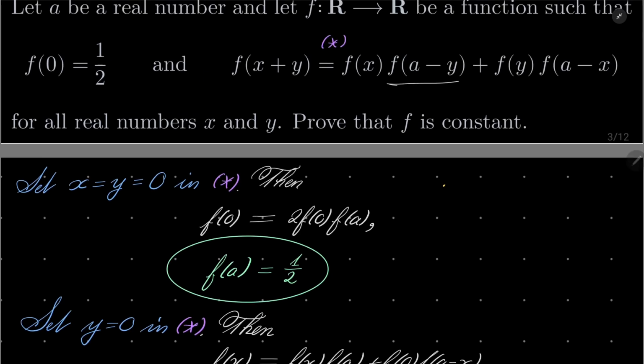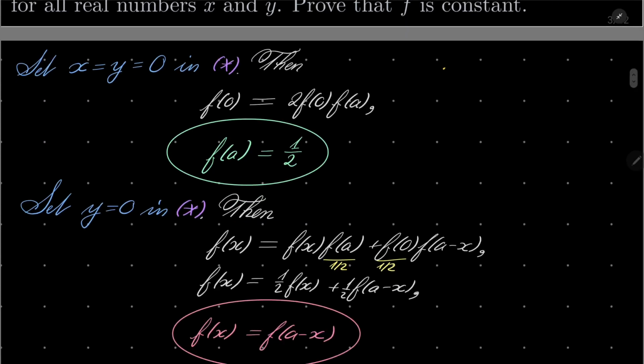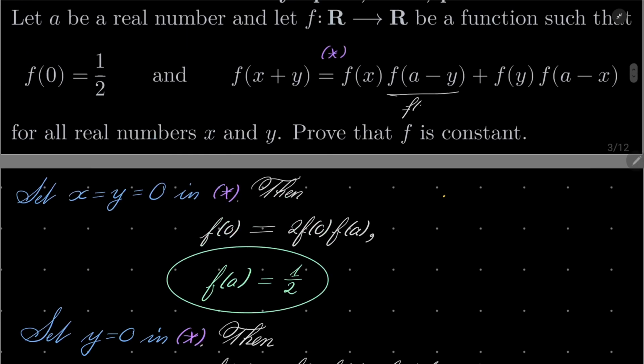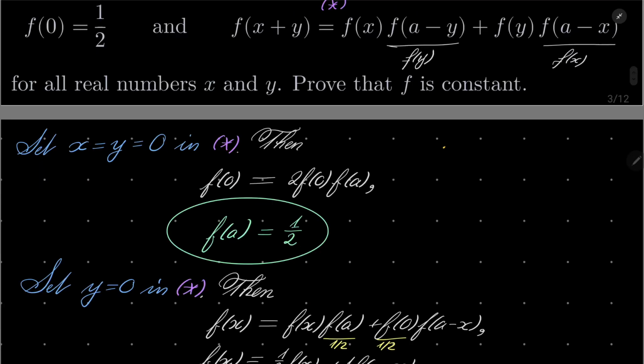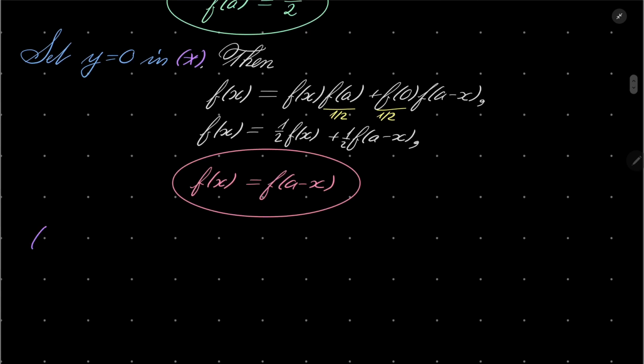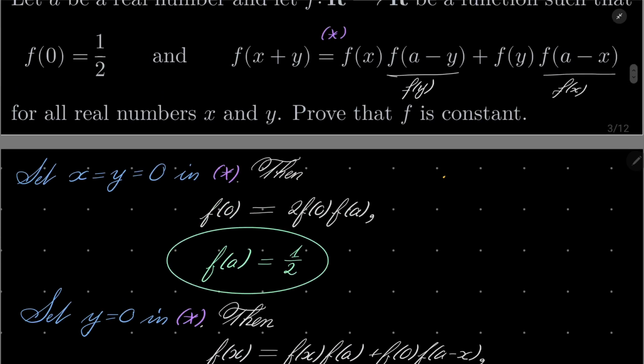Instead of f of a minus y, we can put f of y, and instead of f of a minus x, we can put f of x. So our condition asterisk becomes the following: f of x plus y equals f of x, f of y plus f of y, f of x.